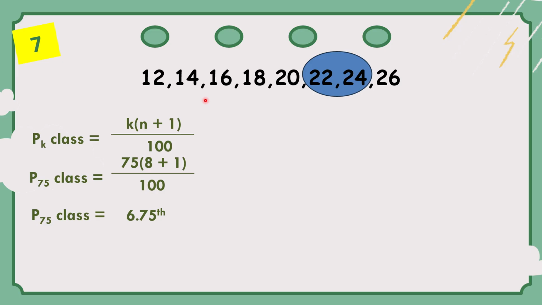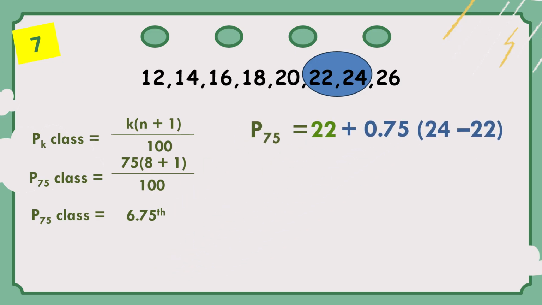So this is 1, 2, 3, 4, 5, 6, and then 7 class. So let us continue. Percentile 75 is equal to, the sixth position is 22. Get the decimal, that is 0.75. And then 7 minus 6 position, that is 24 minus 22.